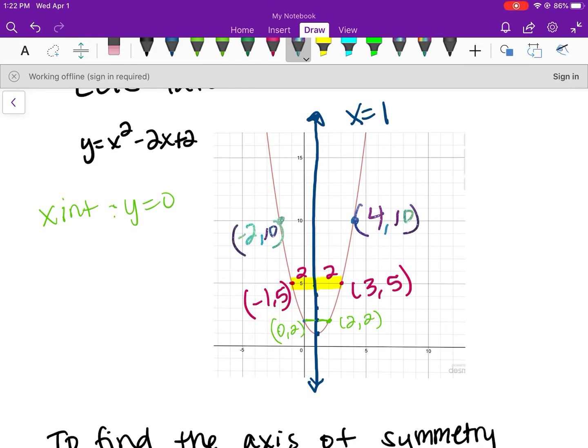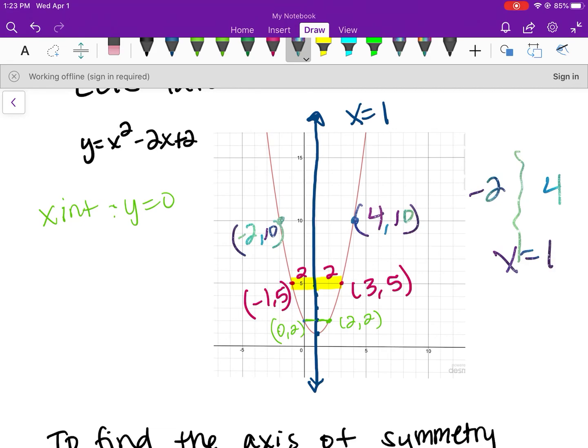To find the axis of symmetry, all I need to think about is what number is in the middle of -2 and 4. From -2 to 4 is 6 spaces, so halfway is 3 spaces. -2 plus 3 is 1. Therefore, the axis of symmetry will be at x equals 1.